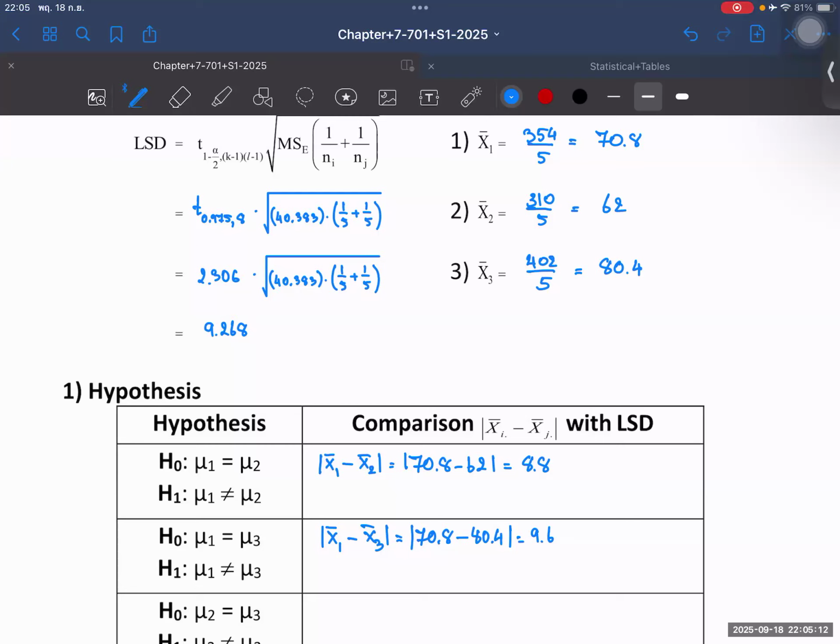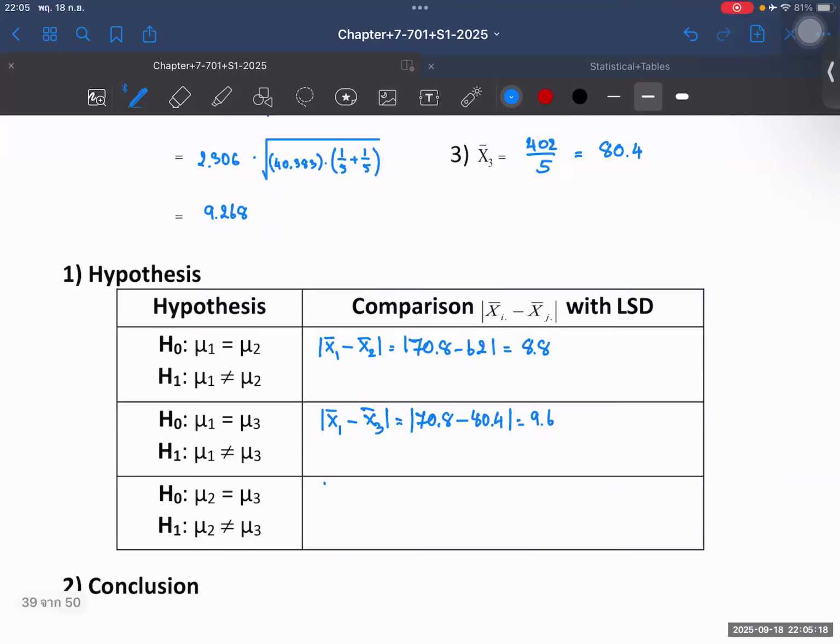So we check again. Now the absolute of x bar 2 minus x bar 3 is equal to 18.4.